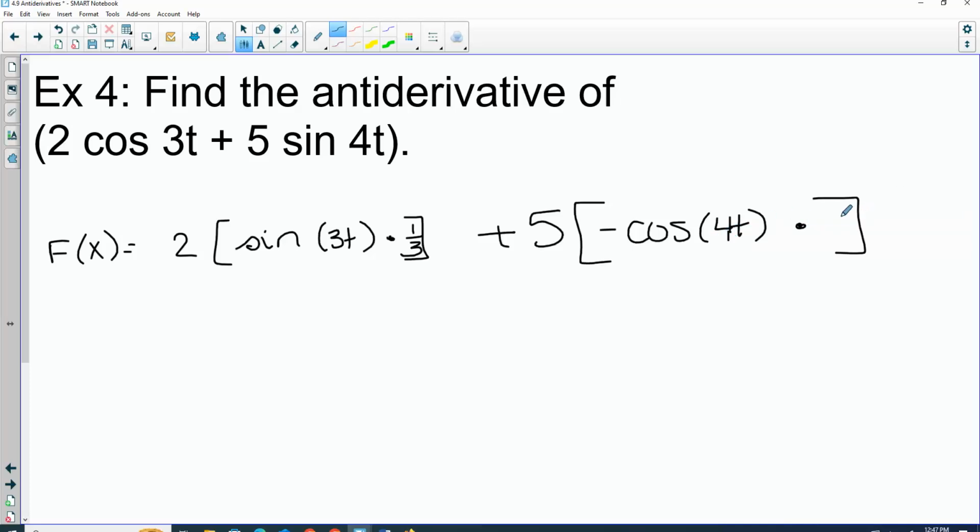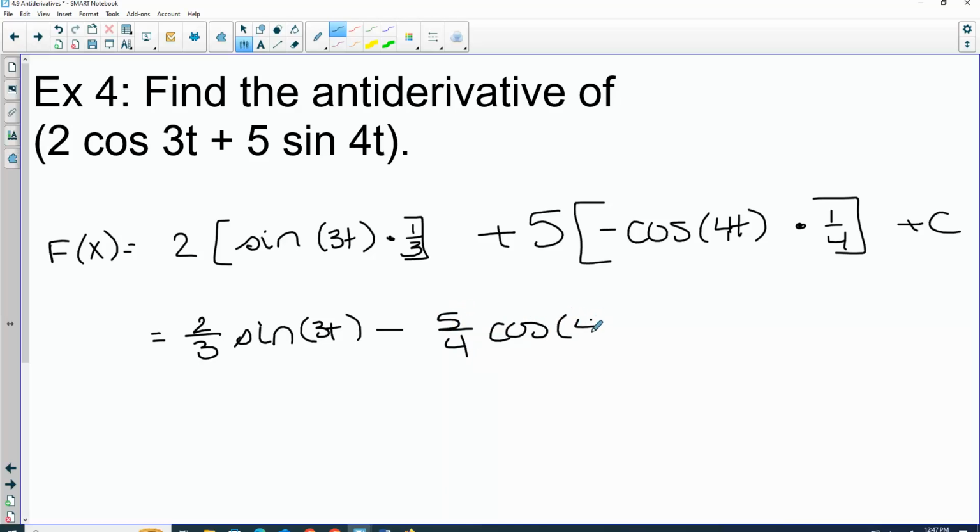So to cancel that, we need 1/4. So we get 2/3 sine of 3t minus 5/4 cosine of 4t plus c.